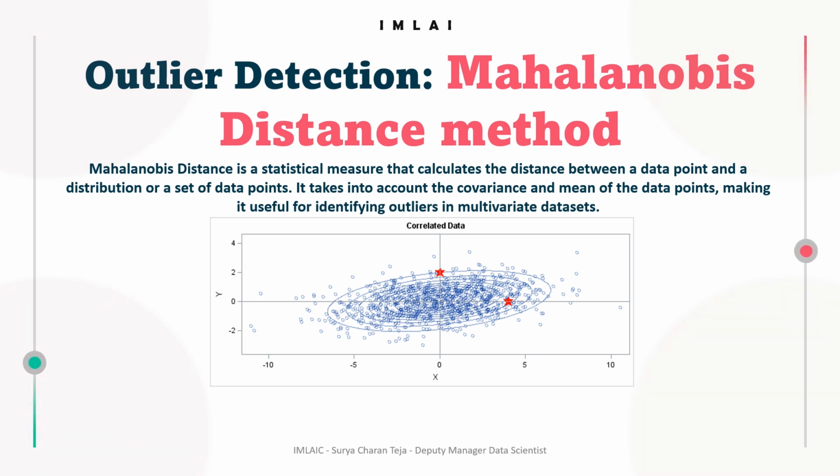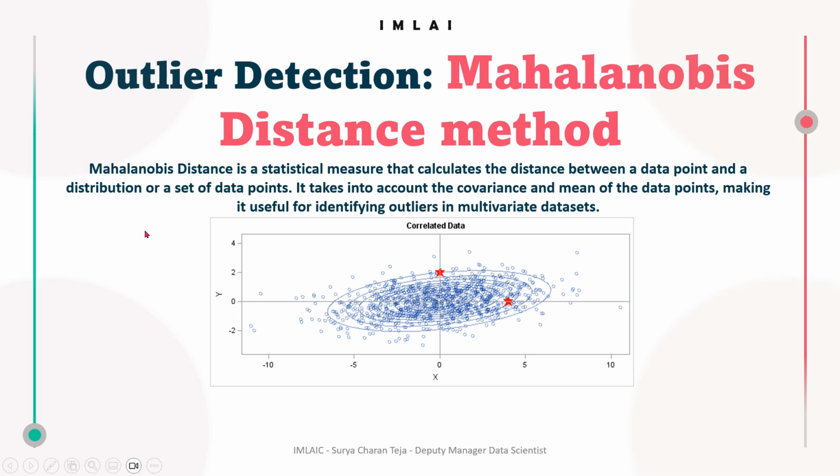In simple terms, Mahalanobis distance measures how far a data point deviates from the mean of a data set, taking into consideration the correlation between variables. It accounts for the spread, variance, and orientation of the data points.